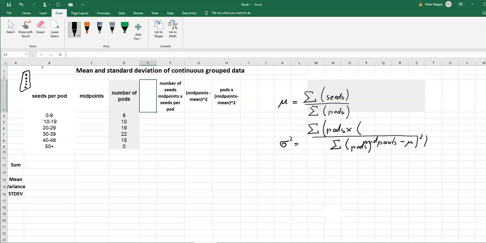And you get the gist. We don't find any seed pod with 50 or more seeds, probably because they just simply don't have enough space there.